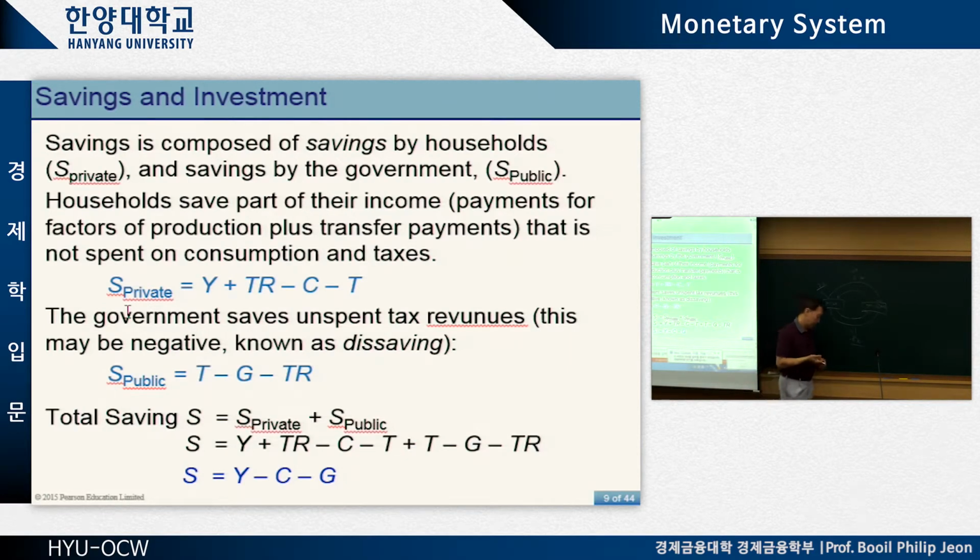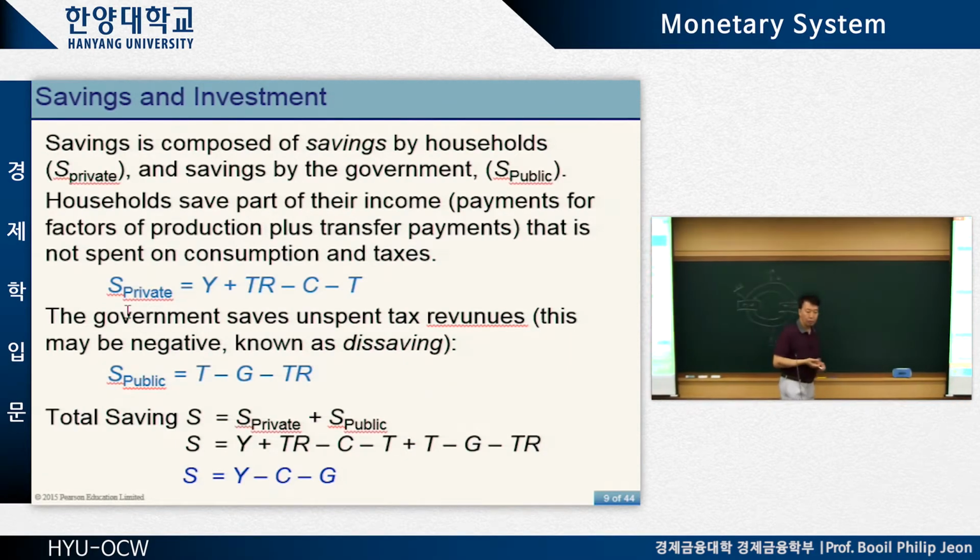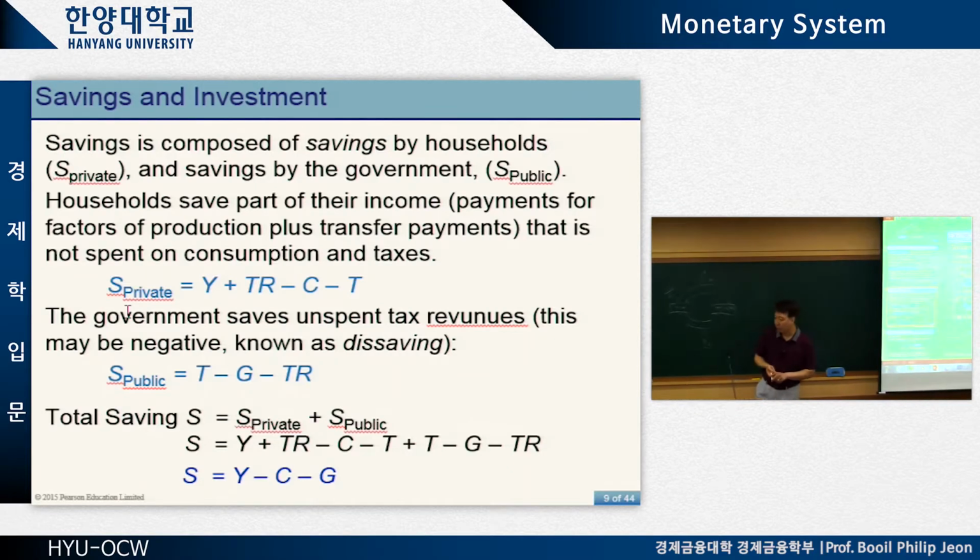Right? The assumption is when the households save money, they will bring that money to either a bank or some fund company, right? What we call financial intermediaries, right? Because when you bring your money to these financial intermediaries, you will receive interest on your money, right?